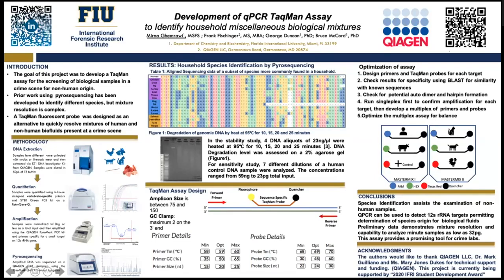Yes. So when we design a TaqMan assay, we're designing two things. One is the forward and the reverse primers, and the second thing is the probe. For the forward and reverse, they're just regular primers.